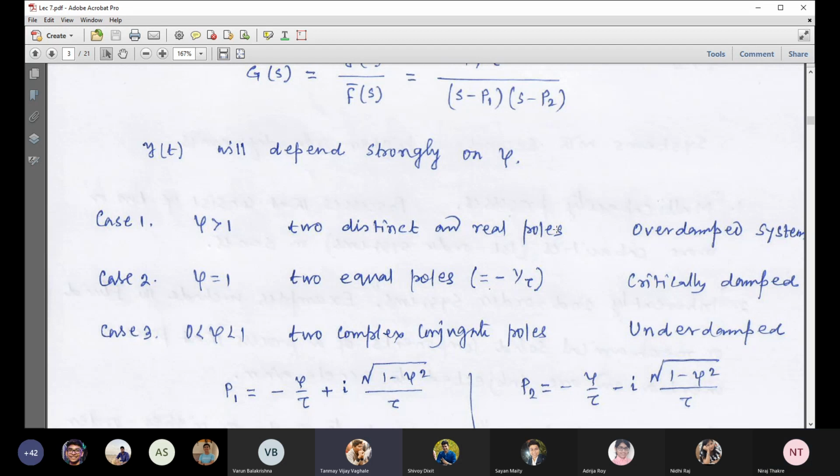If it is negative, what happens? We have discussed this issue as well. Yes, sir. If zeta is negative, then it is unstable system. Yes. Oscillation with increasing amplitude. So we are considering basically the stable systems. But definitely there are certain unstable systems we are also dealing with in controllers.